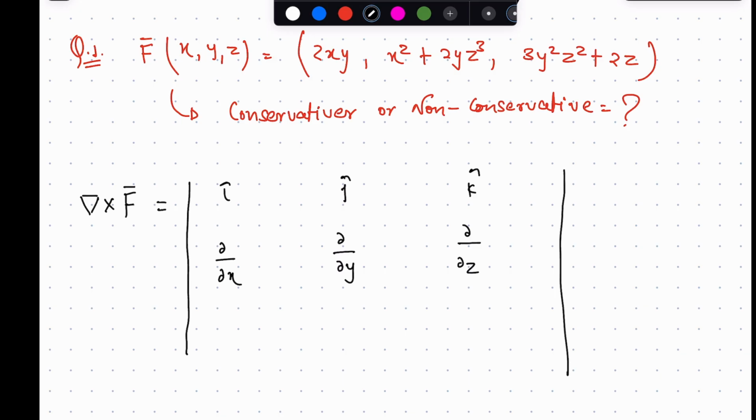Okay, and then in the x we'll have 2xy, then here we'll have x square plus 2yz cube, and then we'll have 3y square z square plus 2z.